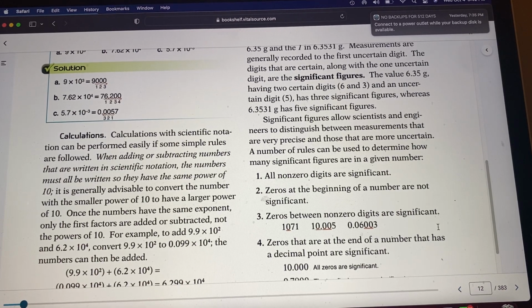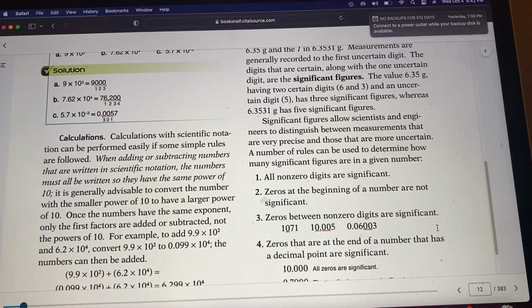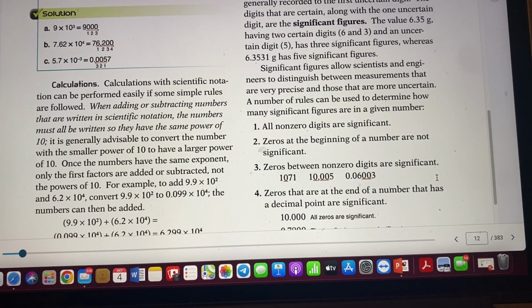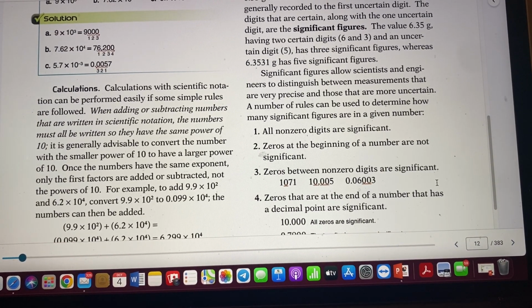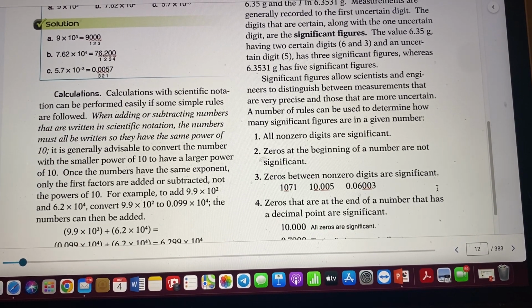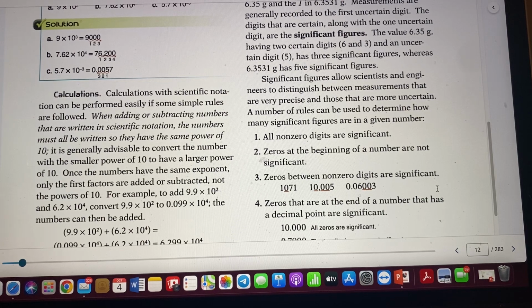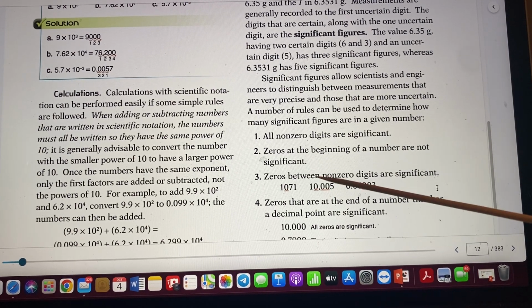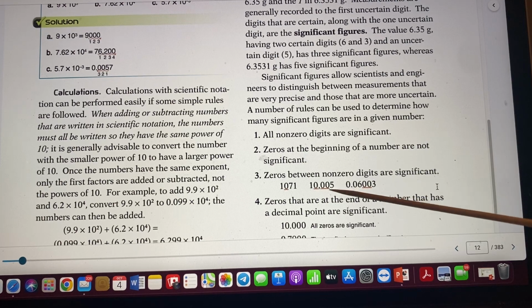There are a number of rules that you can use to determine how many significant figures are in a given number. So these are rules you need to know. Number 1, all non-zero digits are significant. Any certain number is going to be significant. Number 2, zeros at the beginning of a number are never significant. Number 3, zeros between digits are significant.